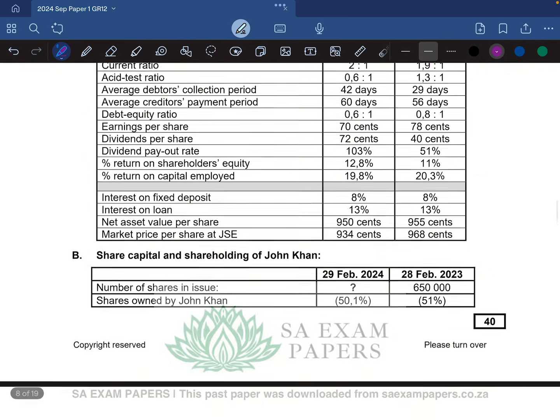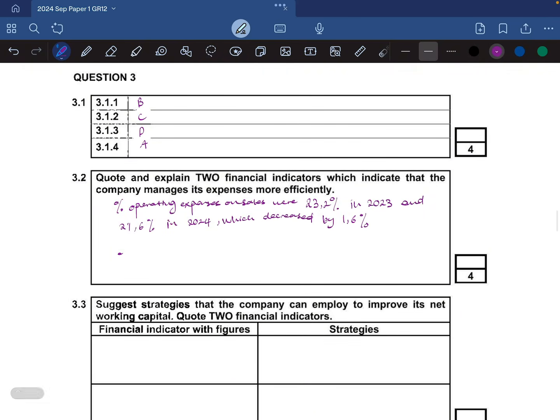Okay, so percentage operating profit on sales. Think about when we do our income statement, when we're talking about the operating profit, it should be your gross operating income, just to jog your memory.